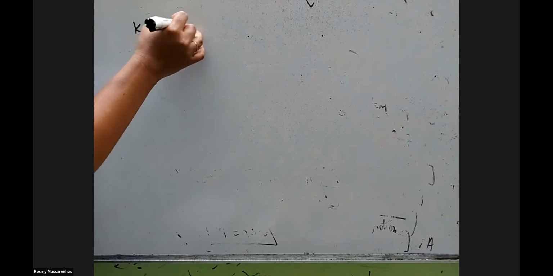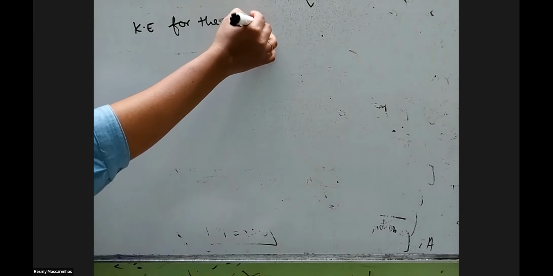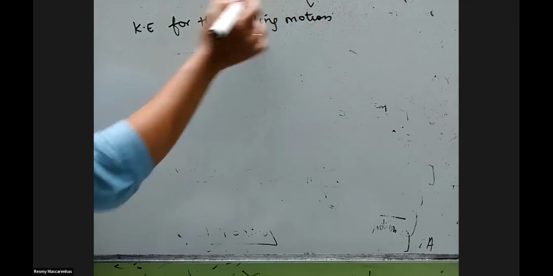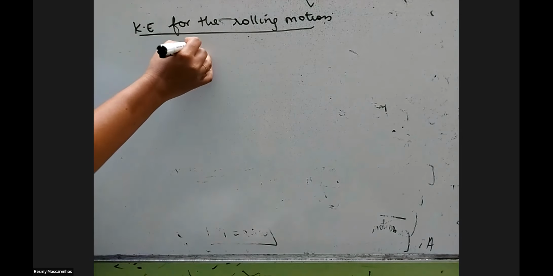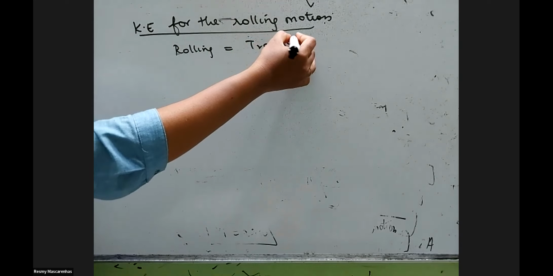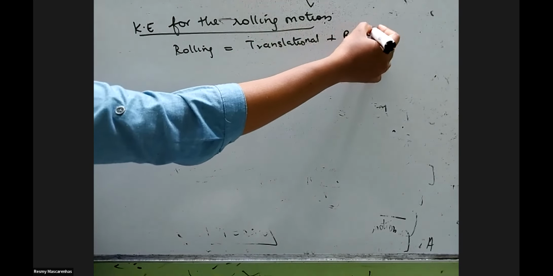The final thing is kinetic energy for the rolling motion. You know that rolling motion consists of what? Rolling is nothing but translational plus rotational.